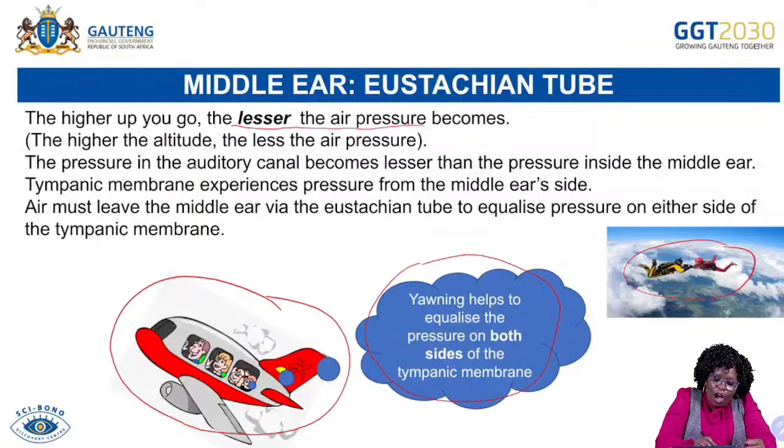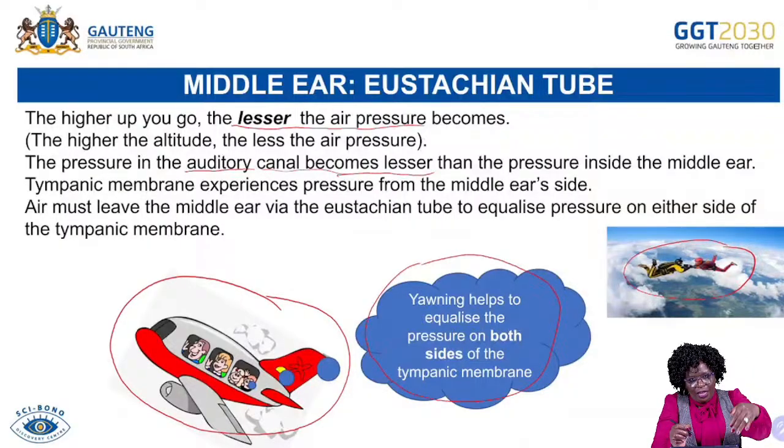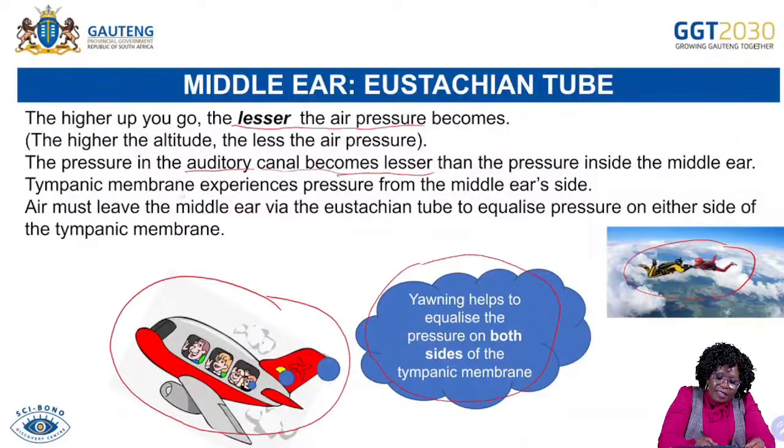The pressure in the auditory canal becomes lesser, unlike when you are diving. Remember, when you are diving, the pressure becomes higher than the pressure inside the middle ear. Here the tympanic membrane experiences pressure from the middle ear side. Air must leave the middle ear via the eustachian tube to equalize pressure on either side of the tympanic membrane.